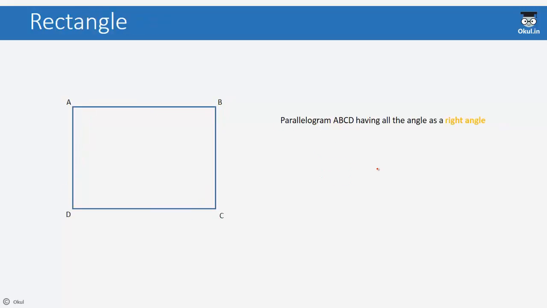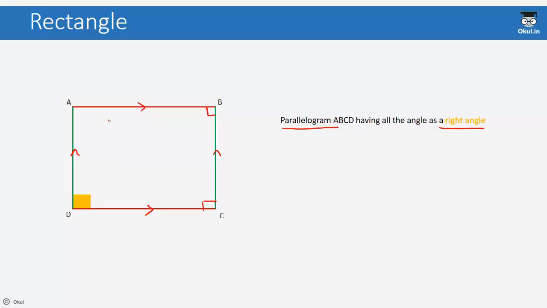The next type of quadrilateral is a rectangle. A rectangle is a parallelogram ABCD having all the angles as right angles. So here AB is parallel to CD and AD is parallel to BC. Apart from that, one more condition needs to be satisfied, that is, all the angles must be 90 degrees.